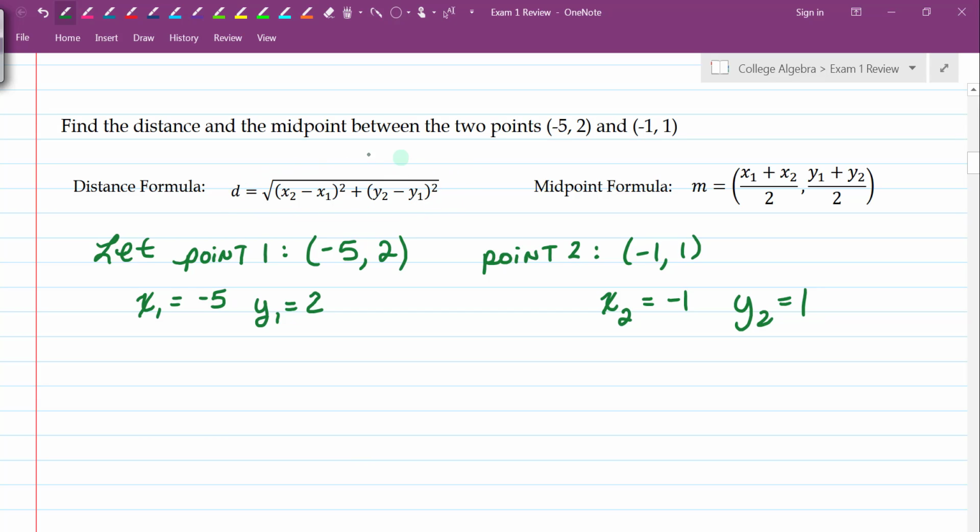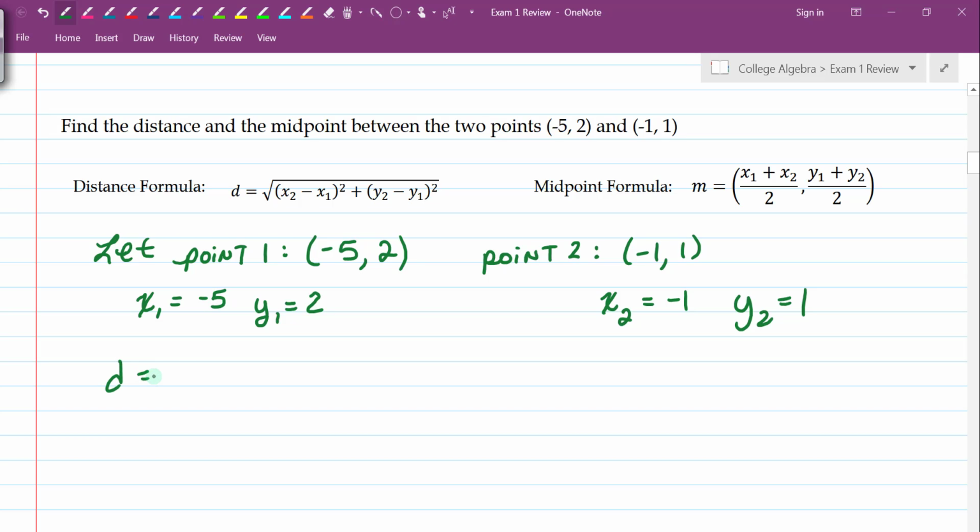We're going to do distance first. We know what x2 equals: it equals -1. We know what x1 equals: it equals -5. We know that y2 is equal to 1, and we know that y1 is equal to +2. All we have to do is plug and chug. So here we go.